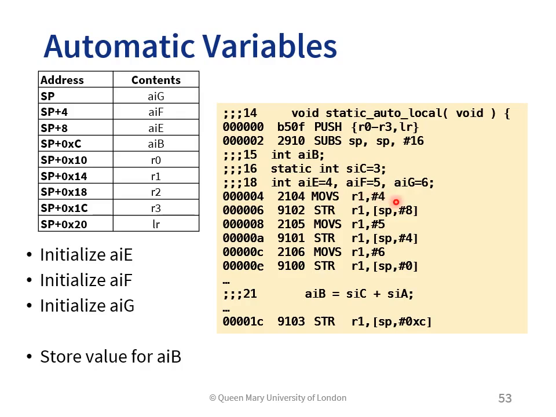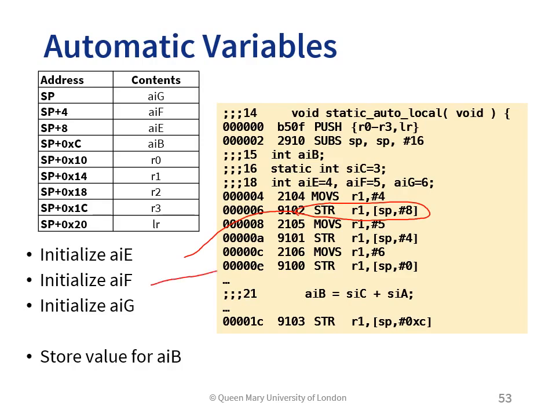So what you can see is first we load the value 4 into R1, and using the offset 8 plus SP, we store the value of 4 into the location here. And that means we are initializing E with this.